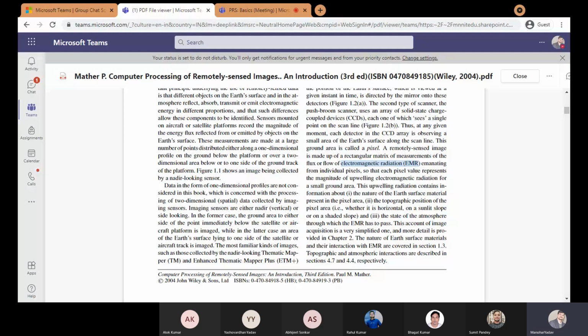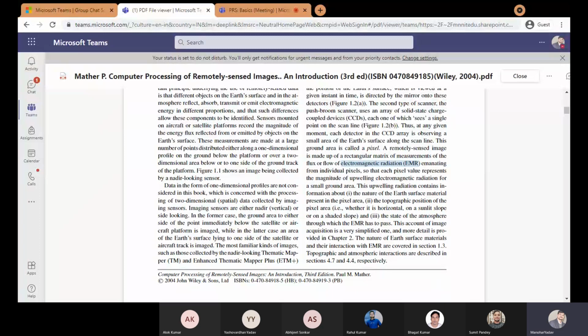Within this very large range, we select discrete energy bands to design the sensors. So these discrete bands we use for acquiring the images.